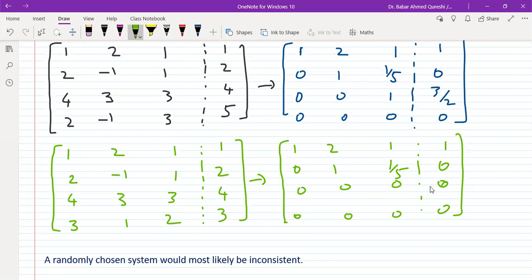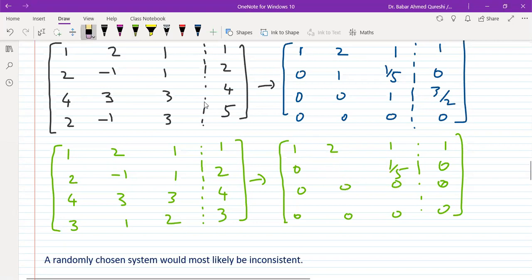Third one. Because this is the leading number corresponding to, so the first lead variable is x1. Here the lead variable is x2. And here, x3 is not a lead variable.